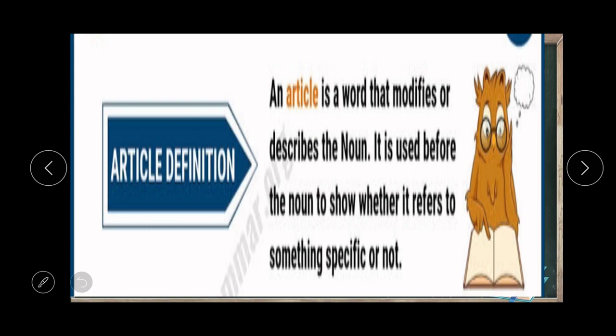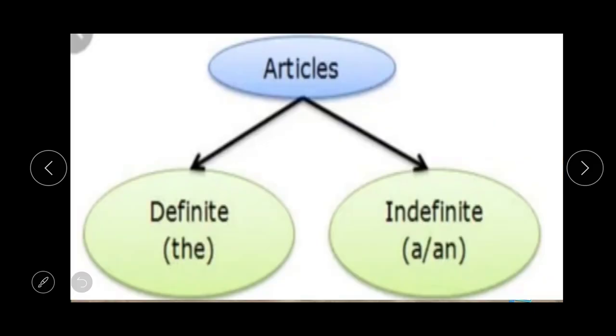Now students, let me show you the different types of articles. Articles are mainly of two types: definite articles and indefinite articles. The definite article means the, and indefinite articles signify a and an. And students, between these two types of articles, today we shall discuss in brief the indefinite articles.